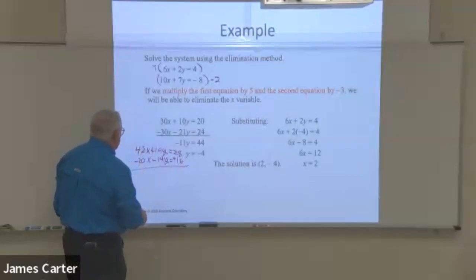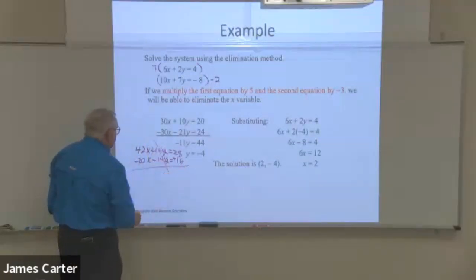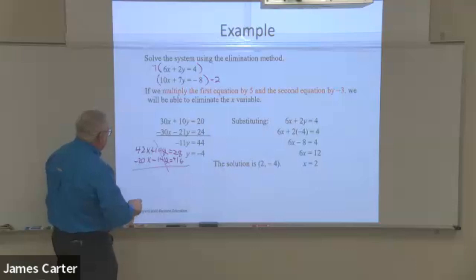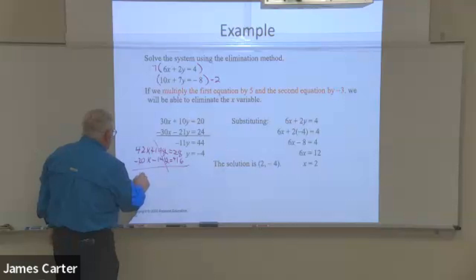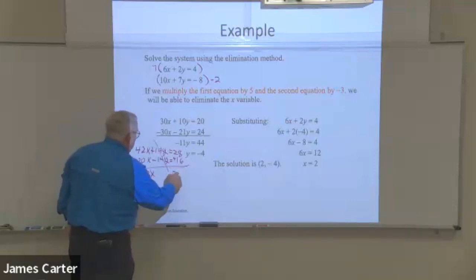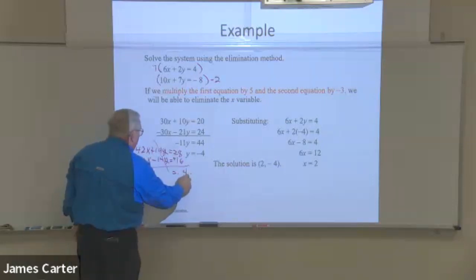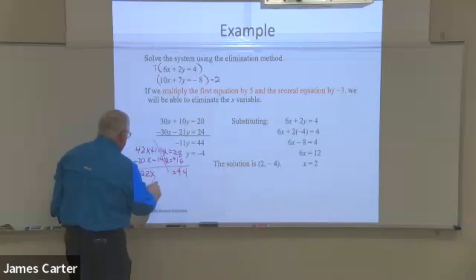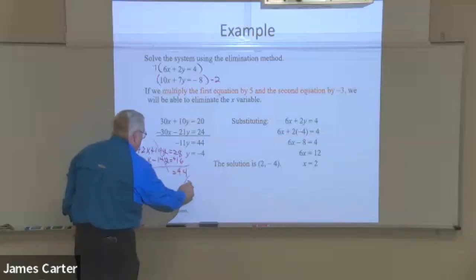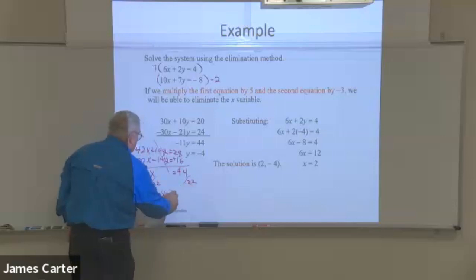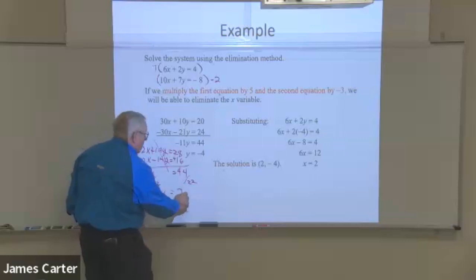Now I add those two. First, these two are my opposite pair and cancel out. Here, I end up with a positive 22x. Over here, I got the same sign, so I add. I get 44, divide both sides by 22, and x equals, in this case, 2.